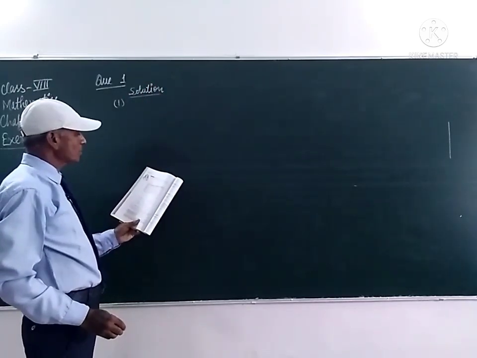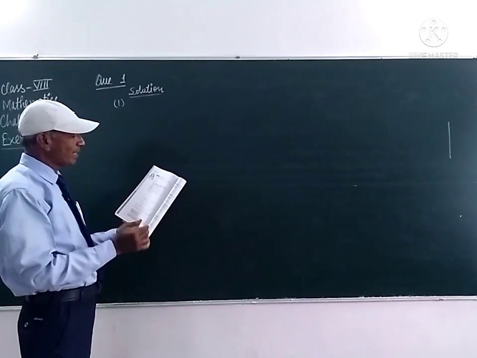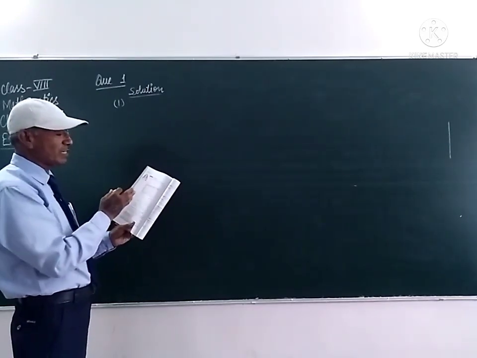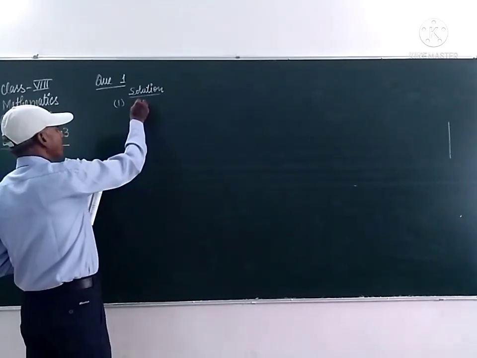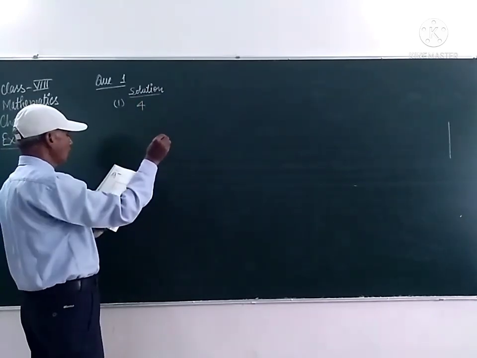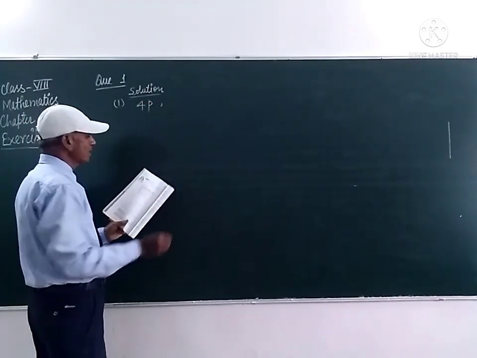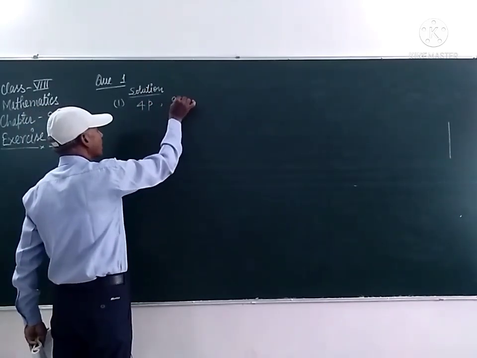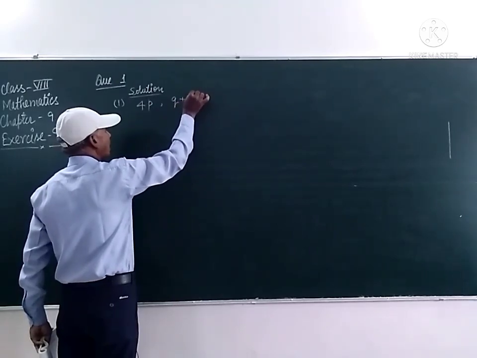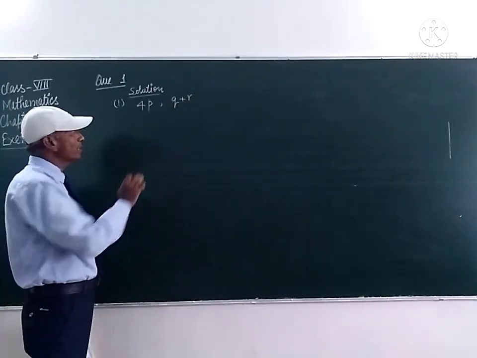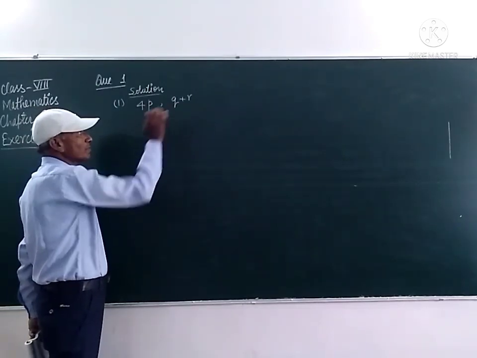In this, students, we have to find the product, or multiply the first expression with the second expression. The first expression is 4p and the second expression is q plus r. There are two algebraic expressions, students, this one the first and this one the second.